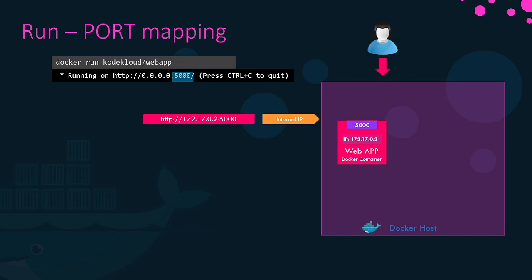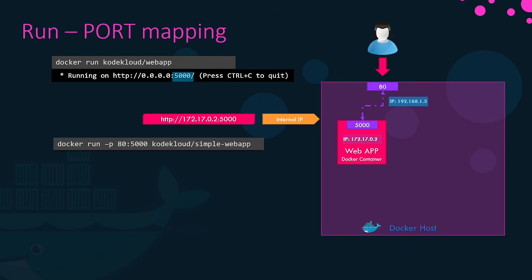For this, we could use the IP of the Docker host, which is 192.168.1.5. But for that to work, you must have mapped the port inside the Docker container to a free port on the Docker host. For example, if I want the users to access my application through port 80 on my Docker host, I could map port 80 of localhost to port 5000 on the Docker container using the -p parameter in my run command like this.